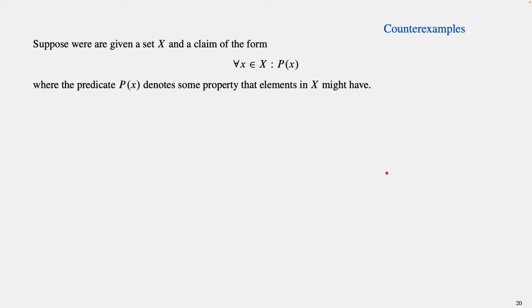The next is a straightforward approach to test the truth of a proposition with a universal quantifier. So you have something like this here. We are given a set big X, and the claim is that for all elements of this set big X, the property P should hold.